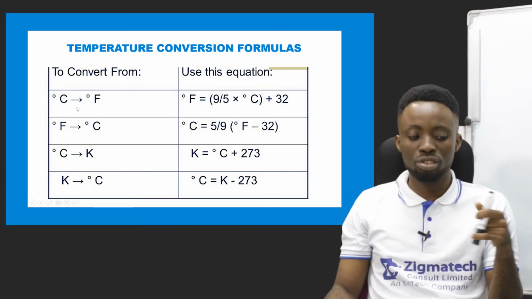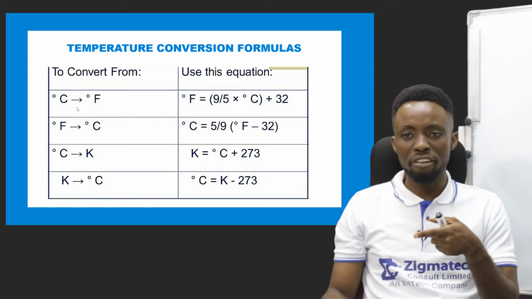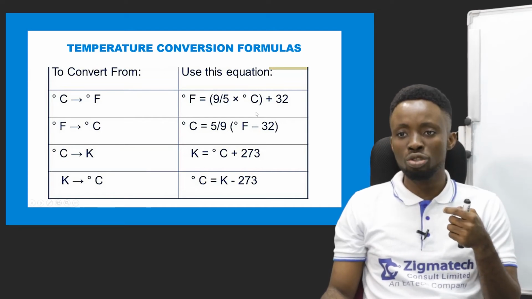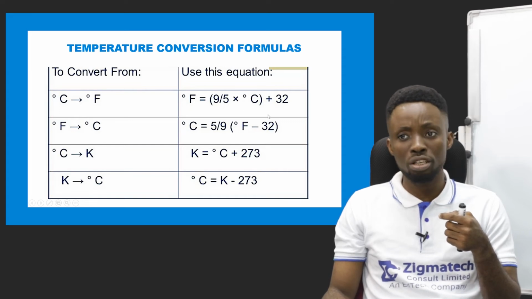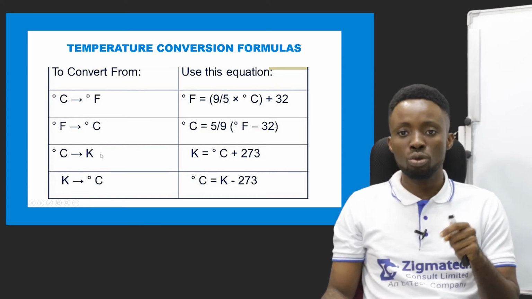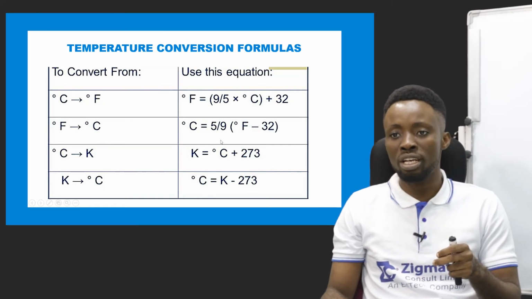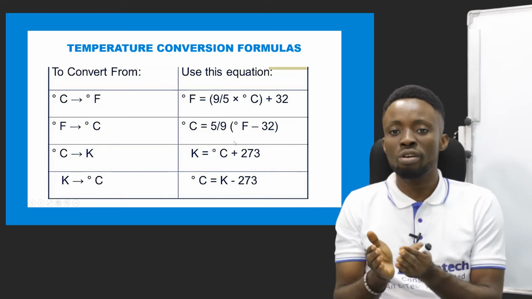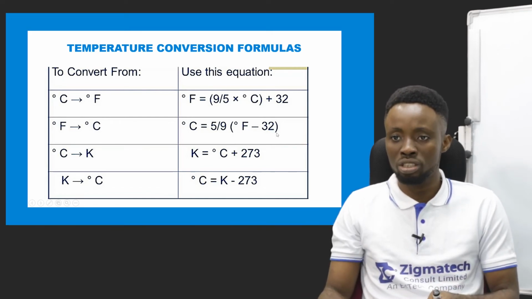To convert from Celsius to Fahrenheit, we simply use this formula, which is 9/5 times the Celsius value. Then to the answer, we add 32. Then to convert from Fahrenheit back to Celsius, we simply do 5/9 times the difference between the Fahrenheit value and 32.